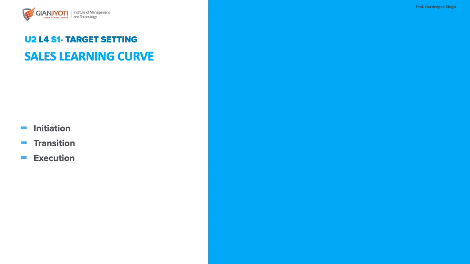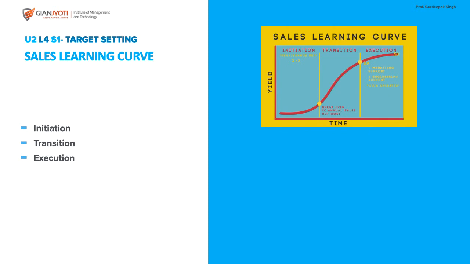Let us start with the sales learning curve. In the sales learning curve, we have three phases. First is initiation, where we test the new product, we try to enter the new market, and we employ the sales force, which is not very big, maybe sometimes only one salesperson, and we don't know how that salesperson is able to perform because no one from an established company would be joining during this stage.